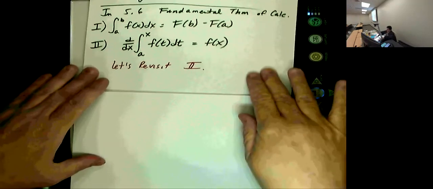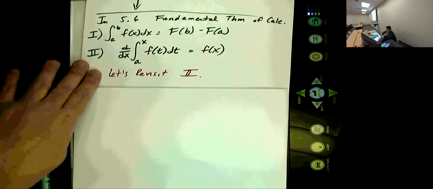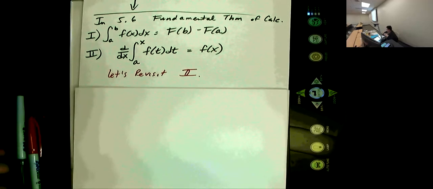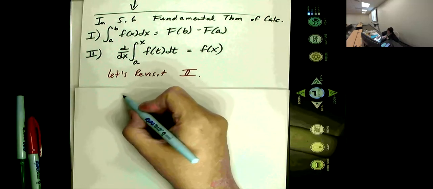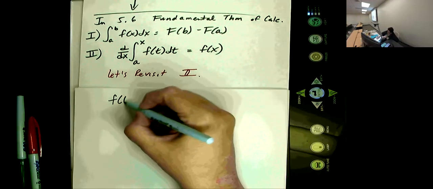Let's do an example. We just had x cubed minus 1. Let's do f of t equals t cubed minus 1.